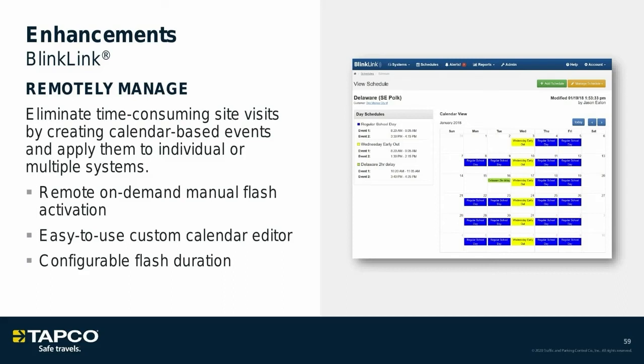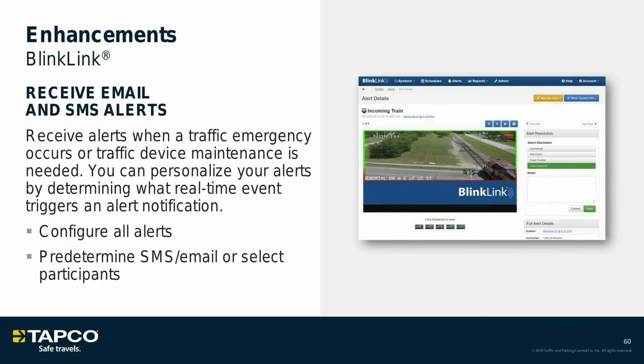We also have the alert side, which is what I mentioned a few minutes ago, utilized with wrong way, high water, overheight vehicles, those style systems. We want to give the authorities an alert that the event is occurring. So this is just a quick view of what it would look like for an alert. Apparently that's an incoming train.